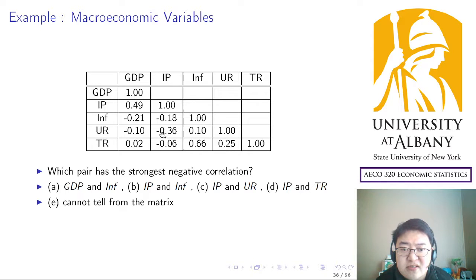And of course, obviously, minus 0.36 is the strongest negative correlation. So it is between unemployment rate and industrial production. The answer is C.